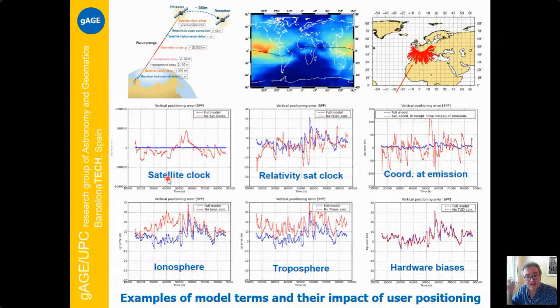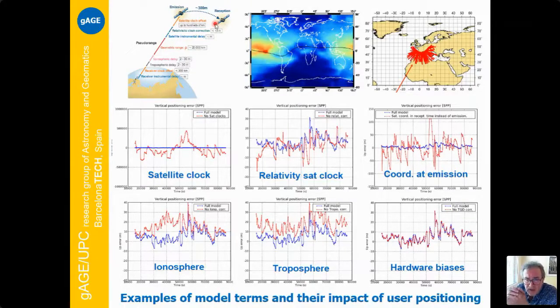This is because satellite clock offset can reach hundreds of kilometers. What does it mean, satellite clock offset? As I commented before, although we have very stable atomic clocks, hydrogen masers on board of the satellite, although being highly stable, they are not perfect and accumulate errors in time.